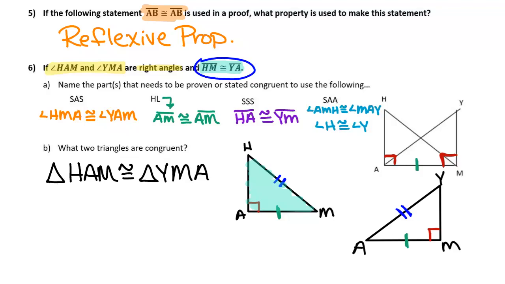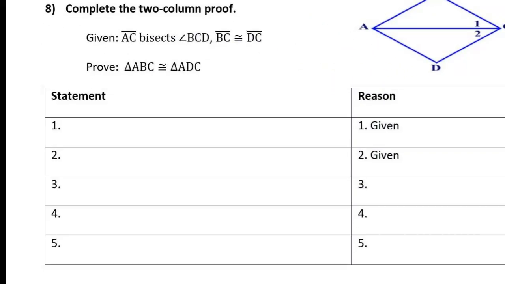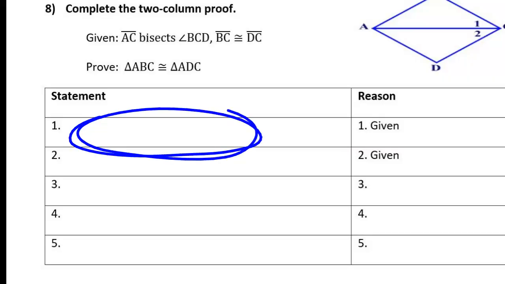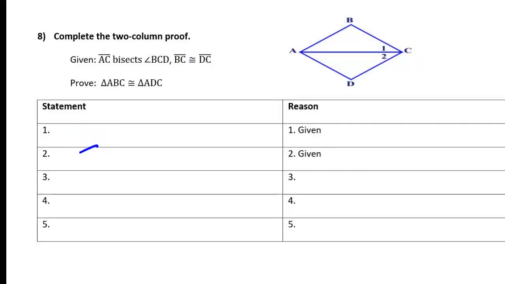Number 8 is a proof. What goes here? The given. What goes here? The other piece of the given.